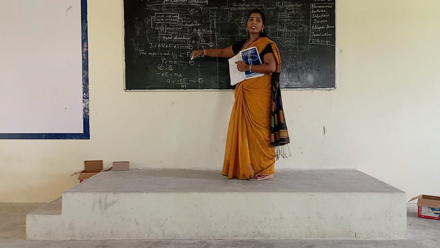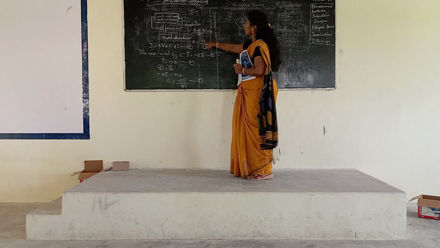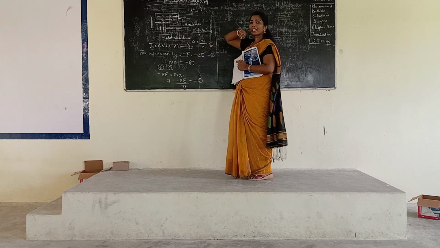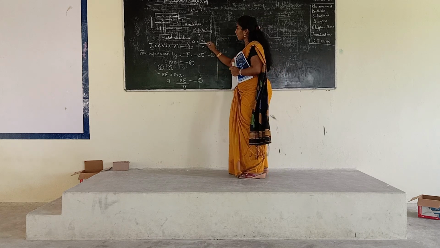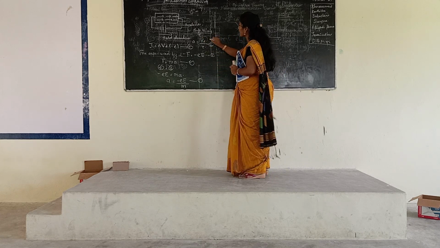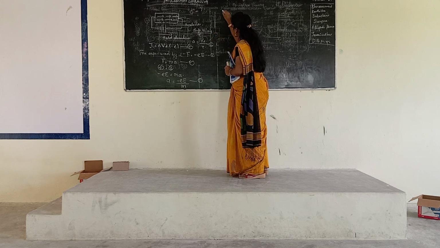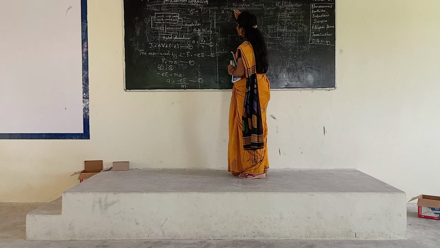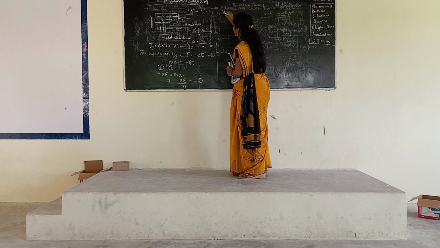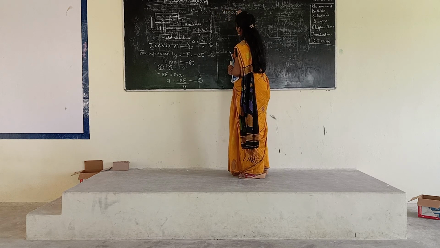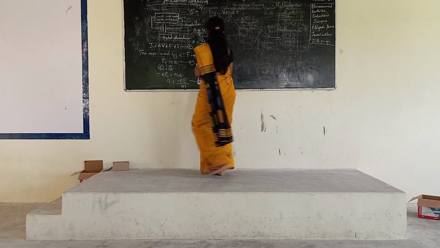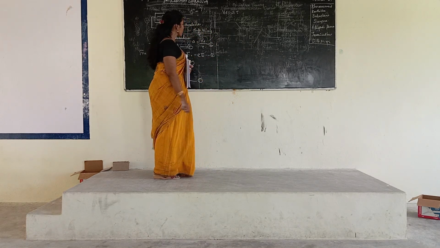Now listen. Next term, a is equal to v_d divided by t. You know what we need to calculate? The drift velocity. So what do you write here? v_d is equal to a into t here.